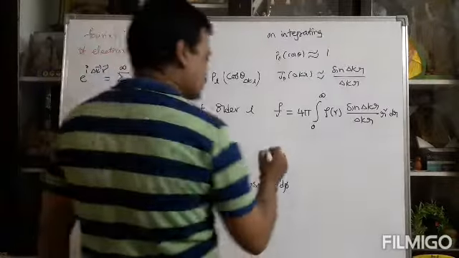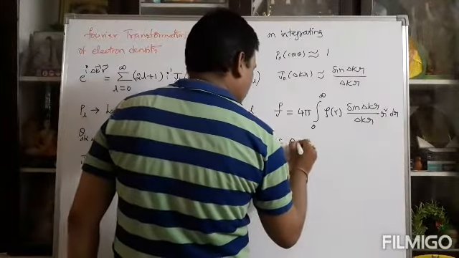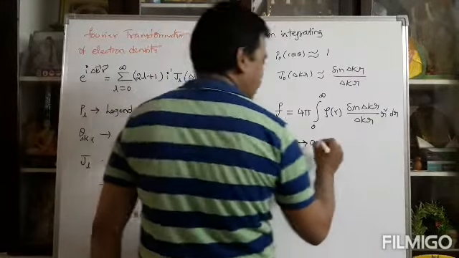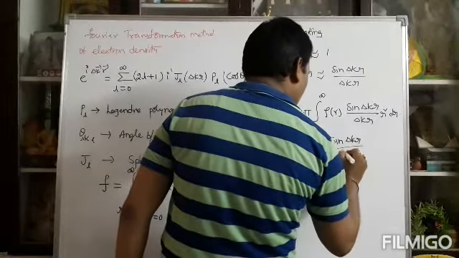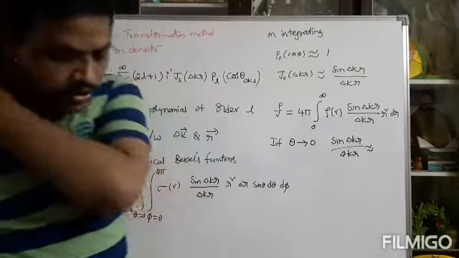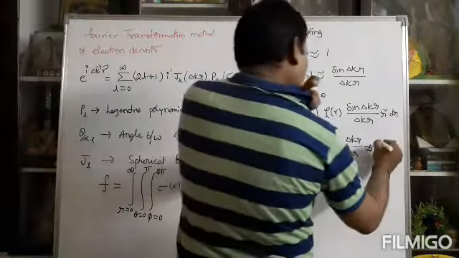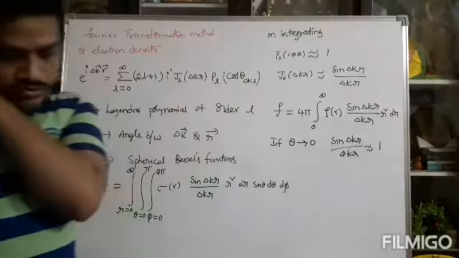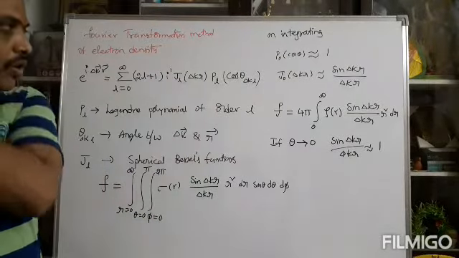If theta tends to 0, sine of delta kr by delta kr value is approximately equal to 1. These two values can be substituted in the above equation.